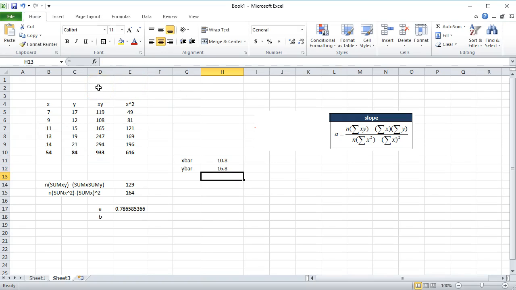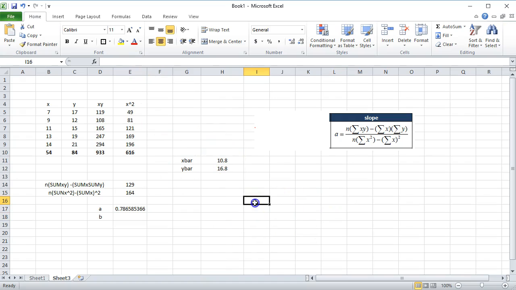Okay, so what is the formula for figuring out the y-intercept, the b value? If you can recall from before, it is simply y minus mx. So we're going to take our y bar here.